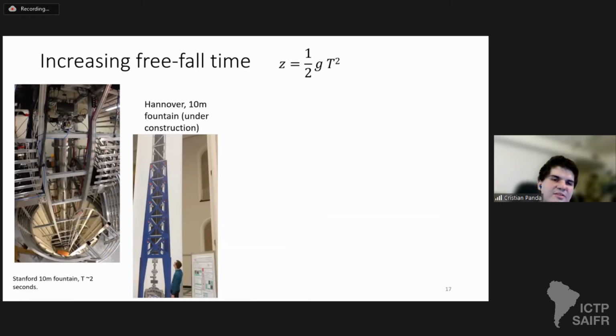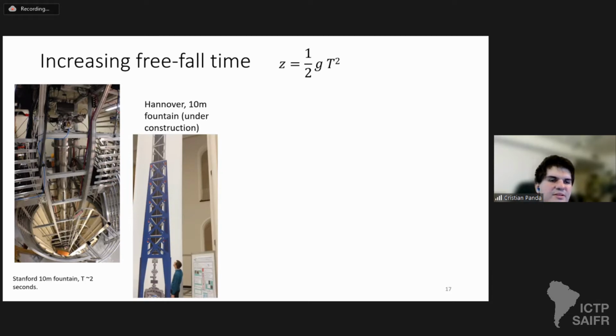Now, atom interferometers such as the alpha measurement, the big G measurement, or the equivalence principle measurement run in differential mode. So the effects of vibrations and gravity are really canceled out. But in this case, the sensitivity is limited by the available free fall time of the atoms in Earth's gravitational field.